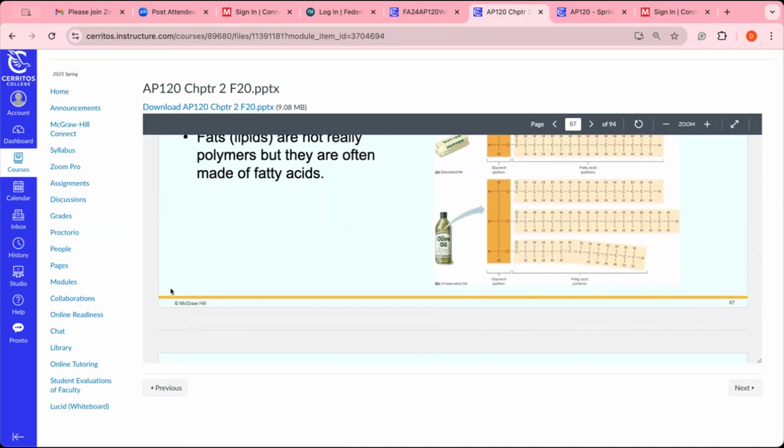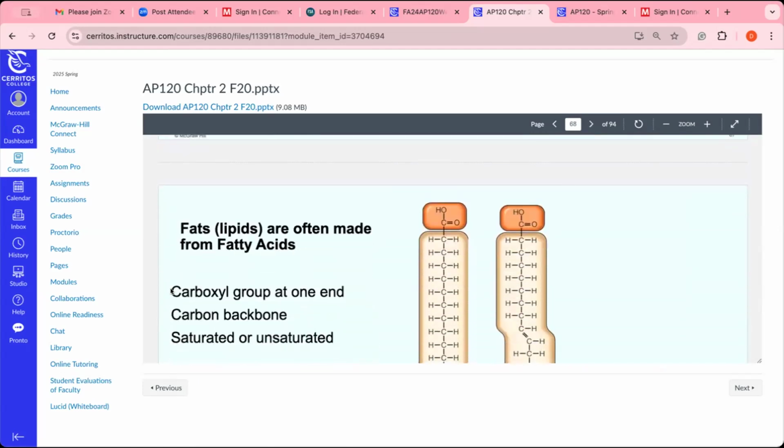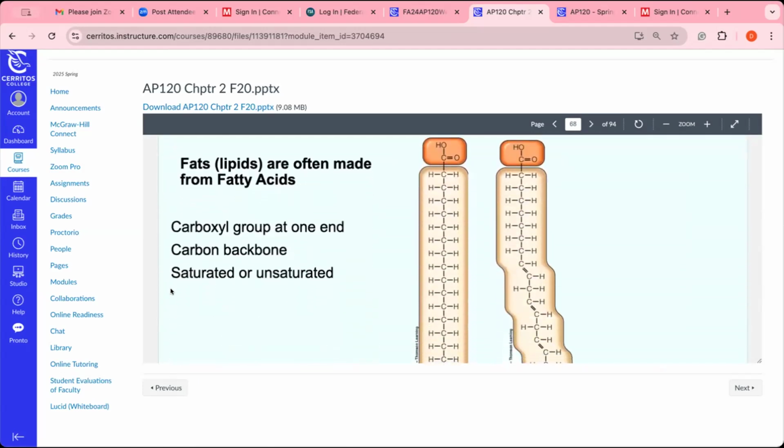They have a carboxyl group on one end, a carbon backbone, and you can have fats that are saturated or unsaturated.